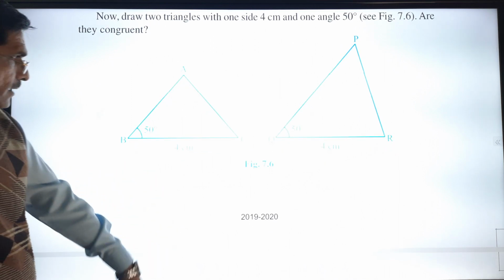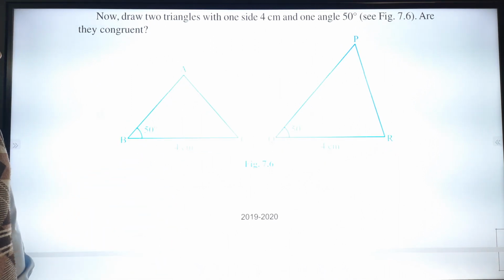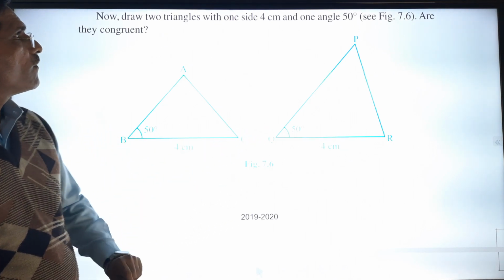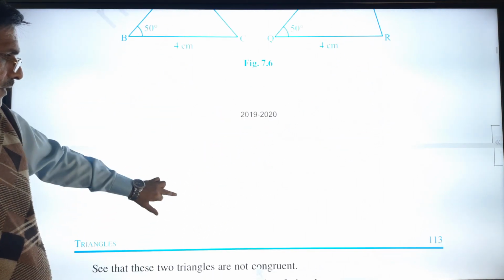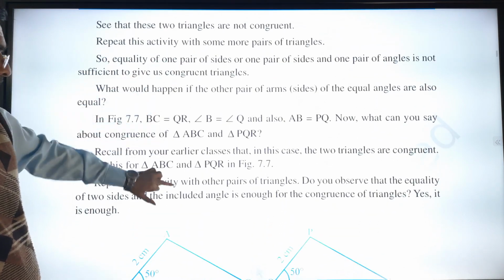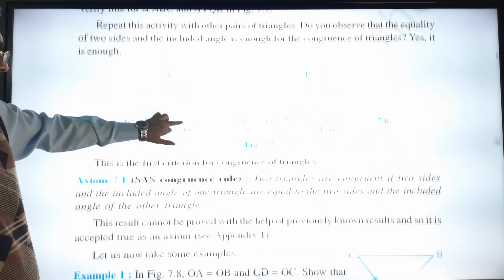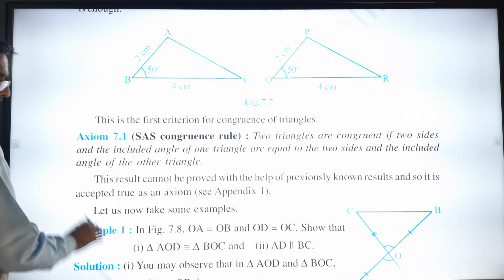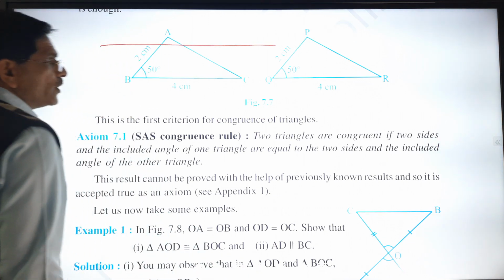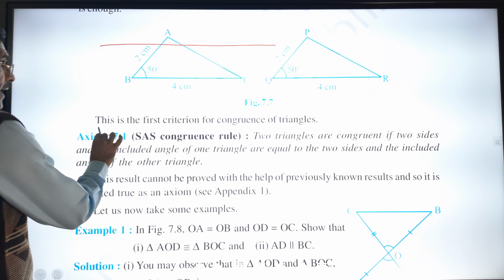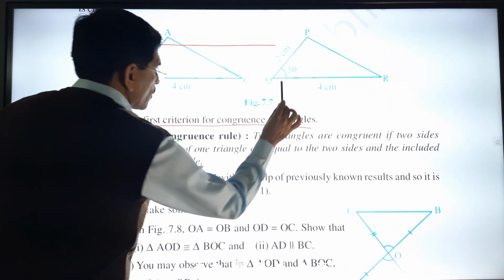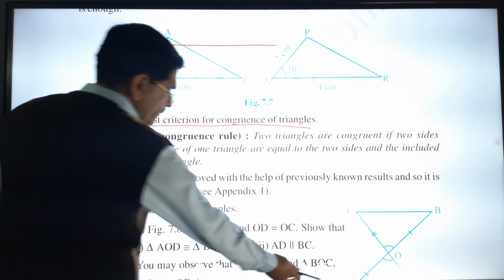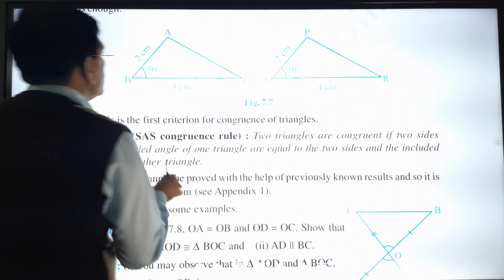So when 2 triangles are here, if you will see properly, 50, 50, 4, 4. When we go further, now that is the important criteria. So first criteria for the congruence of 2 triangles. If you will see properly, I am again drawing this.